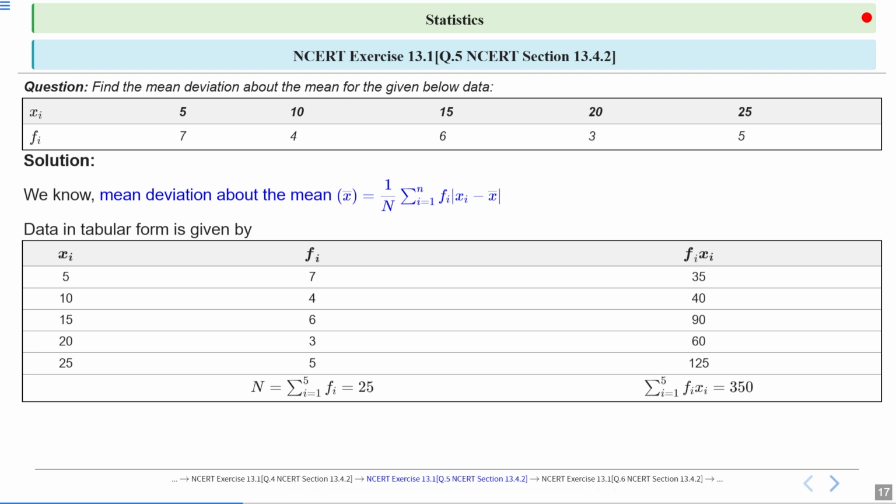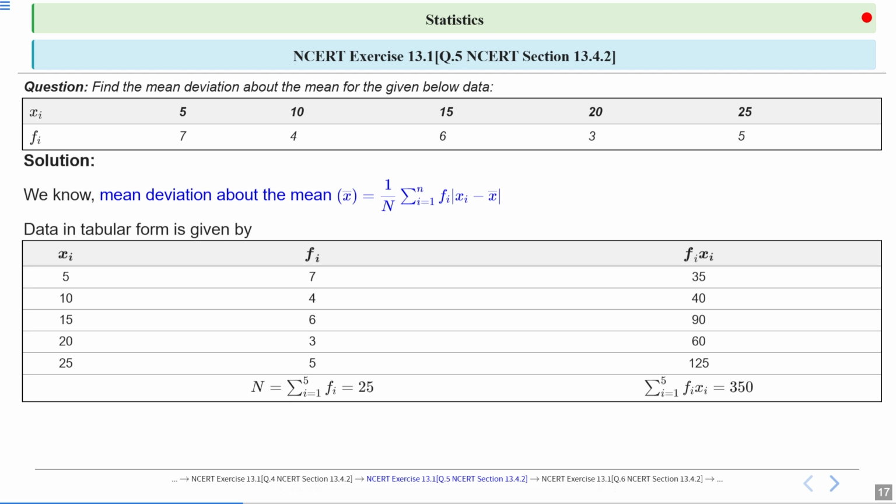So look at this table. Okay, here is the completed table. The x_i values are 5, 10, 15, 20, and 25, and their frequencies f_i are 7, 4, 6, 3, 5 respectively.